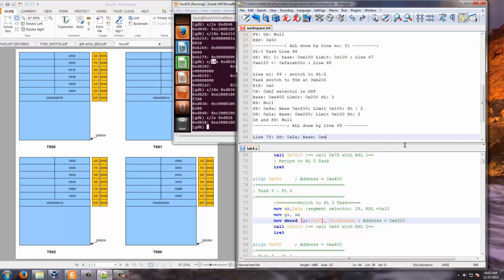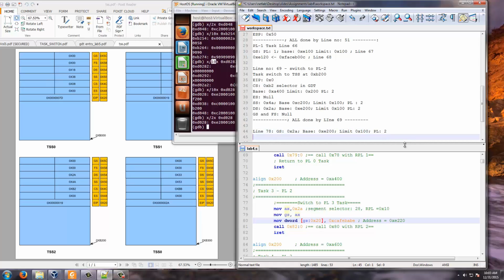So your GS will get base as E1200 and limit as 0x100 and PL is 2. That's what your line 78 does.